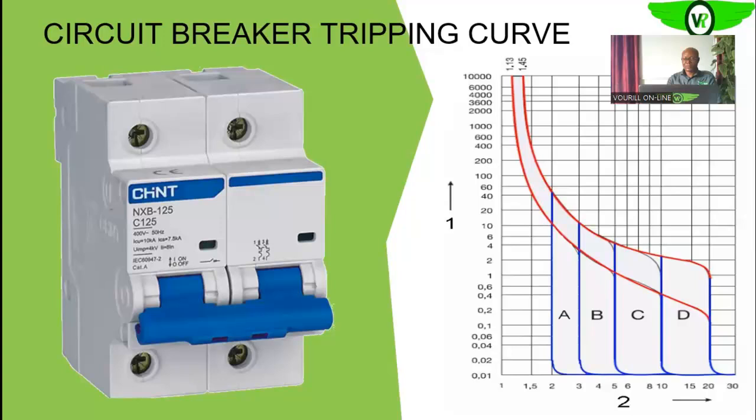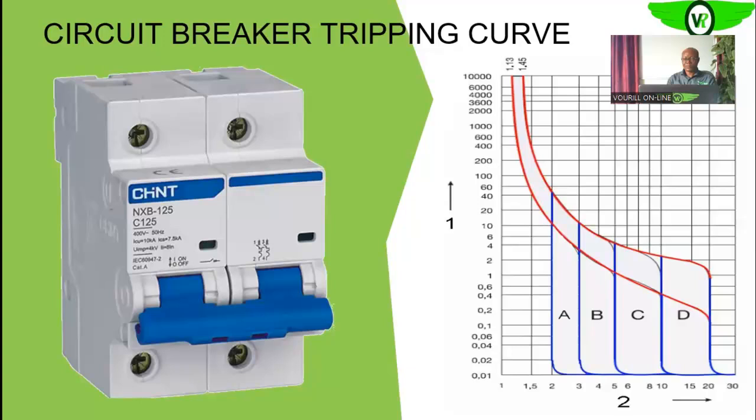Then conversely, if you use this same breaker to protect maybe a line that cannot withstand more than 2 times, or let me say 3 times this 125 amps, which is about 375 amps.